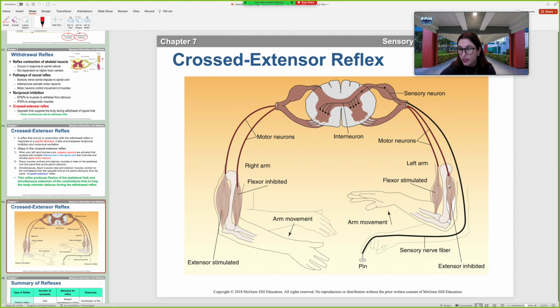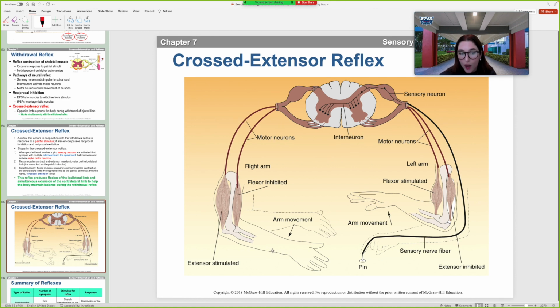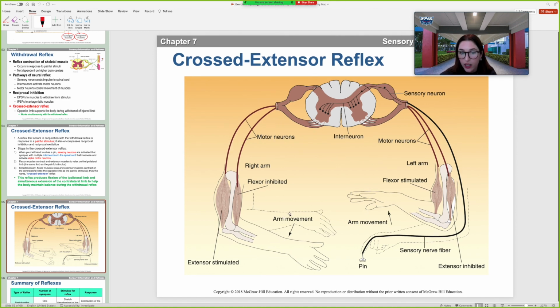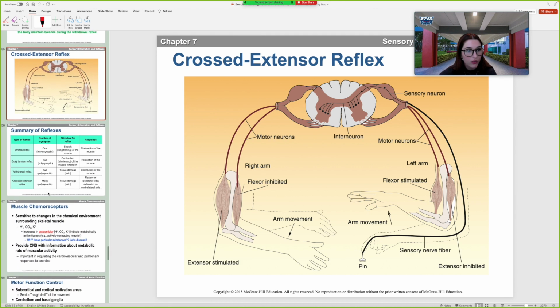Because it was this tricep that caused it to touch it, or however it worked. But on the other side, we're going to see the exact opposite movement. In the contralateral limb, instead of stimulating flexion, we're going to inhibit flexion and stimulate extension, to go the opposite way to maintain balance. So that is the crossed extensor reflex.